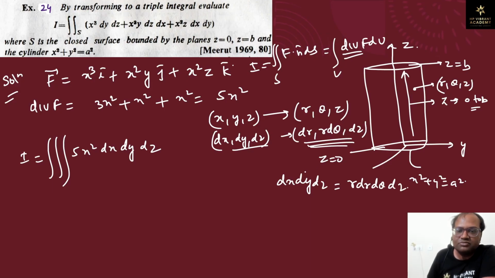In terms of polar coordinates, we have the equation of base x square plus y square is equal to a square.